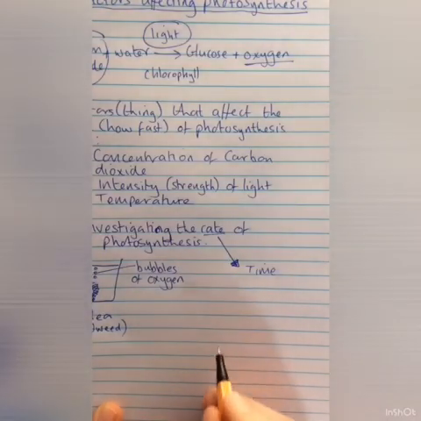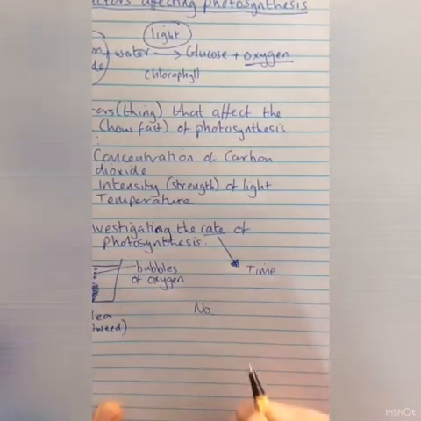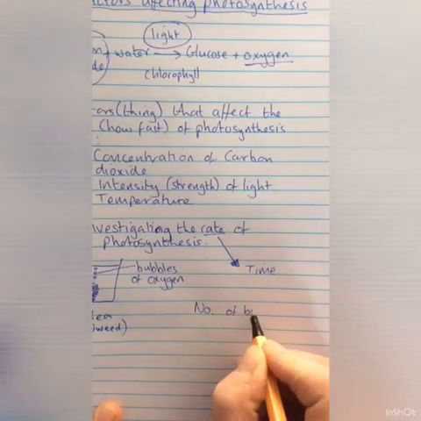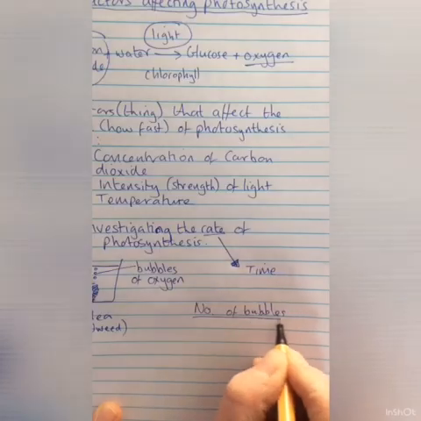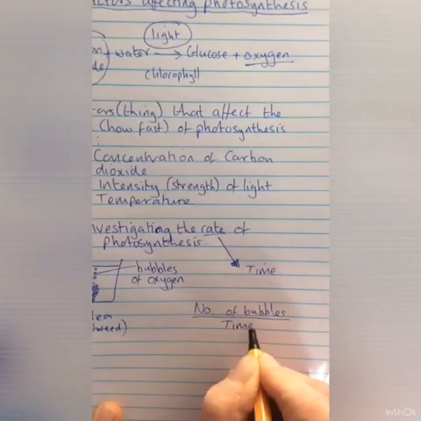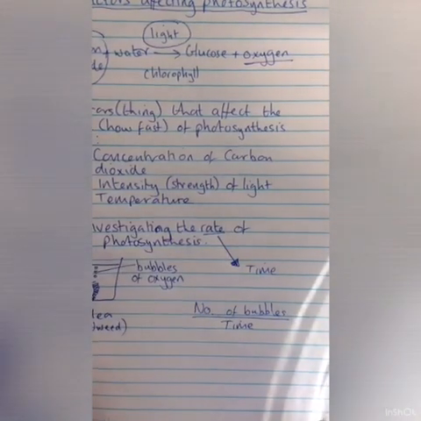So when we do this calculation, we'll say the number of bubbles divided by the time we've got this running. So let's say we've got it running for 2 minutes, and we're going to count the bubbles for 2 minutes.